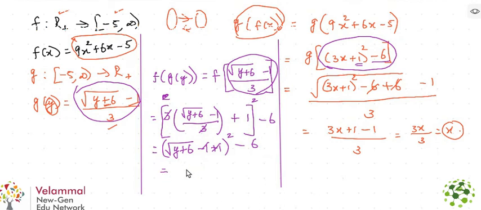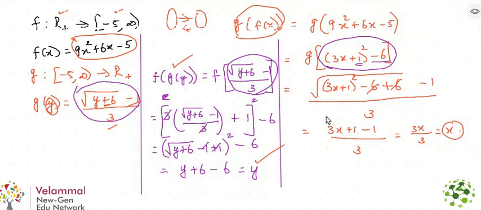Square root of y plus 6 and square it, you will get y plus 6 minus 6, which is nothing but y. So I got f of g of y as y. So both the ways I got f composition g is I_y and g composition f is I_x.